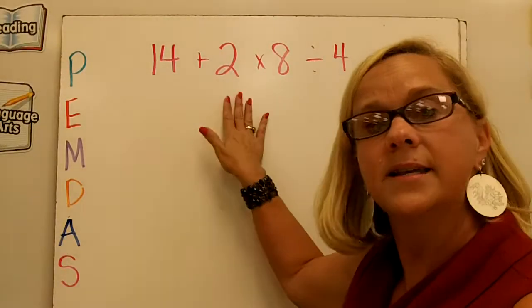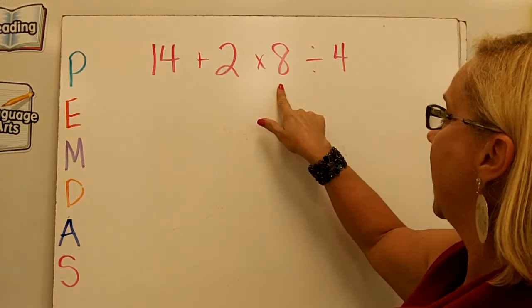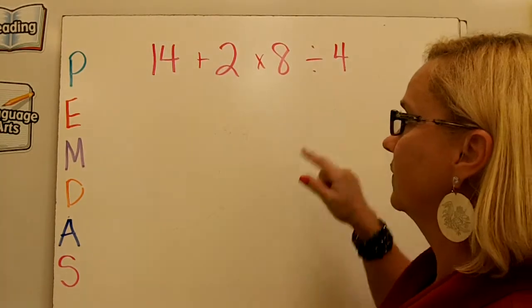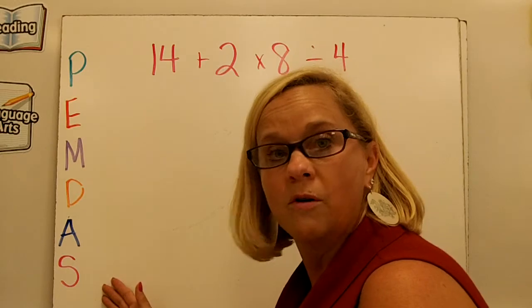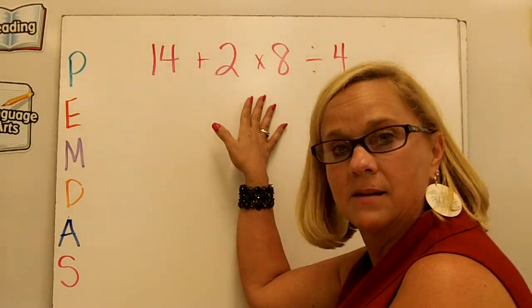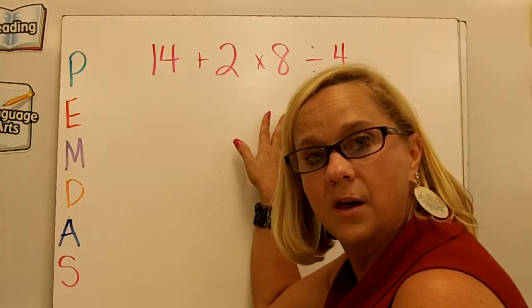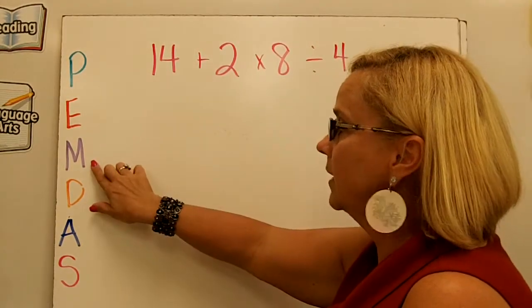All right, I have an example here. 14 plus 2 times 8 divided by 4. So I'm going to use my order of operations, and the P stands for parentheses, but I don't have any, so I'm going to move on. Exponents, I don't have any of those either. Multiplication.